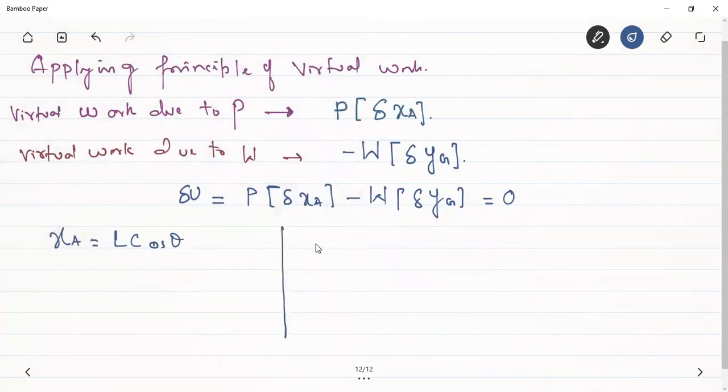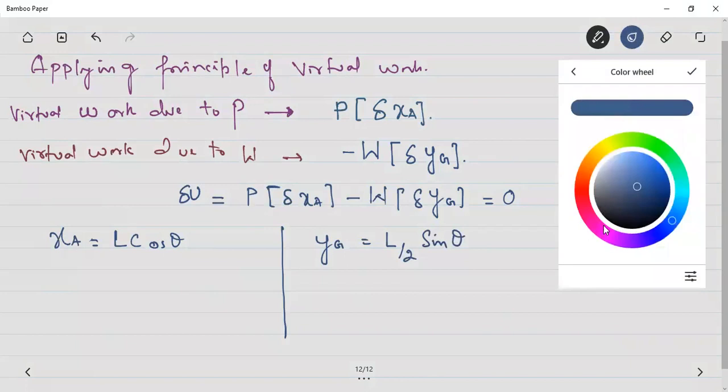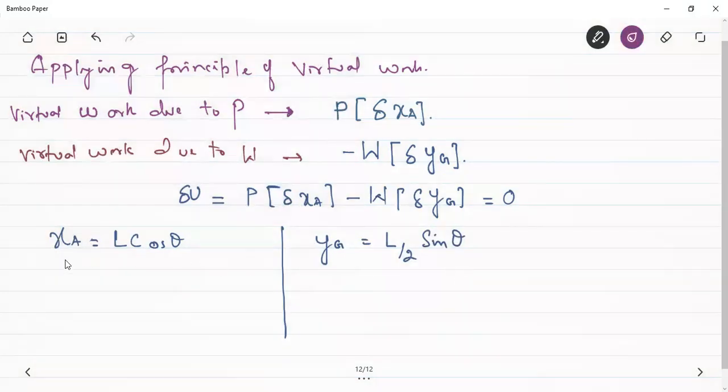And the y coordinate of the center of gravity is equal to L by 2 sine theta. So differentiating both of these, that is, to calculate this differential displacement, we have to differentiate it. In place of dxa, we will write delta xa because these are the imaginary displacements, to differentiate them from the real displacements.